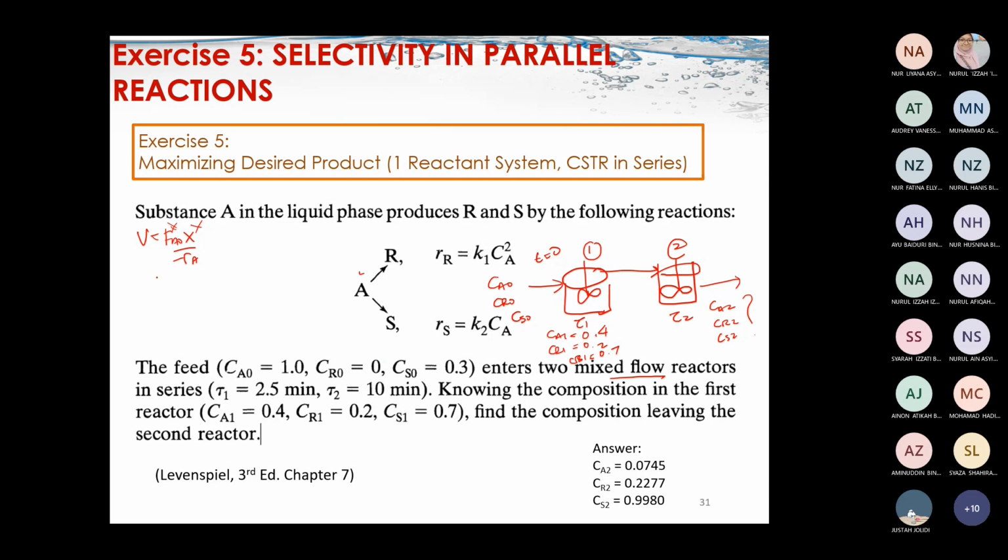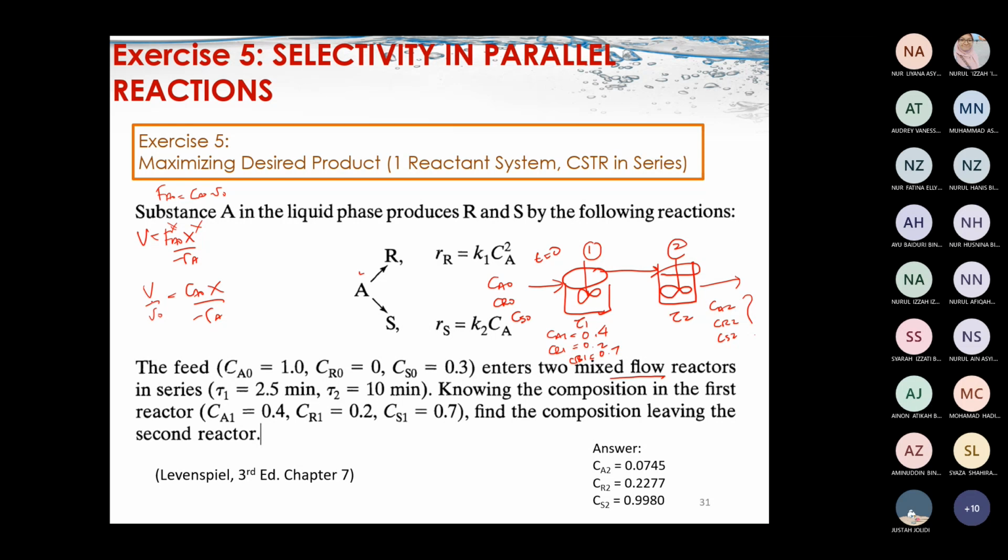For example, FA0 is CA0 V0 and so on. If you cannot use this, we try another one, which we have simplified: V over V0 equals CA0 X over negative rA. When we get this, FA0 is equal to CA0 times V0.